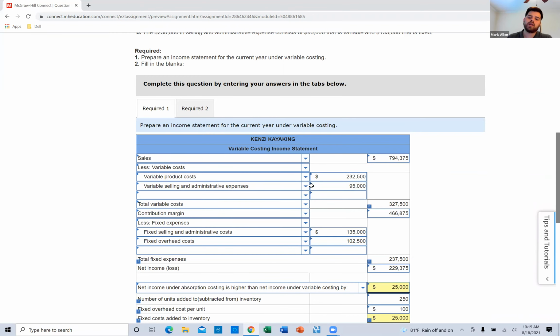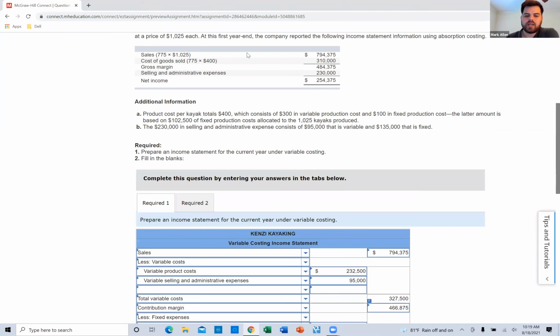At this point, we're now ready for my variable product costs. In this case, we've got to read, and it tells us that our product cost is $400 per unit. What I see a lot of students do is simply take that $400 times the 775 units, and they'll get some number.